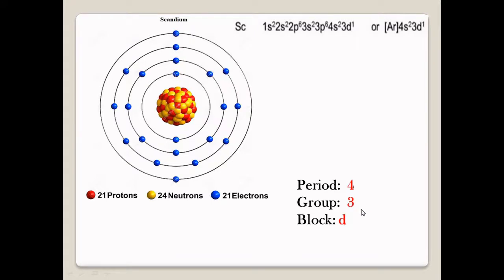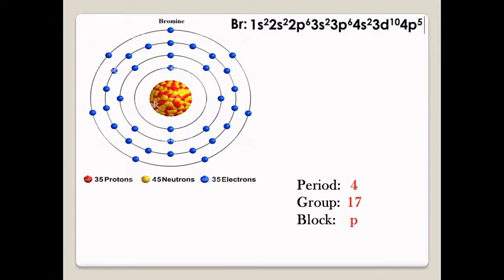Okay, let's see another example, that is bromine. For bromine, there are 35 protons, 45 neutrons and 35 electrons. So its electronic configuration is 1s2, 2s2, 2p6, 3s2, 3p6, 4s2, 3d10, 4p5.